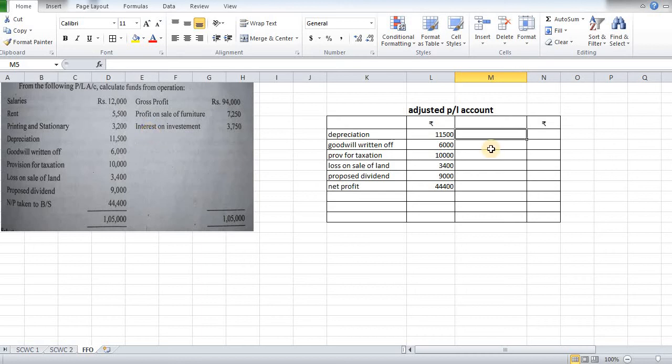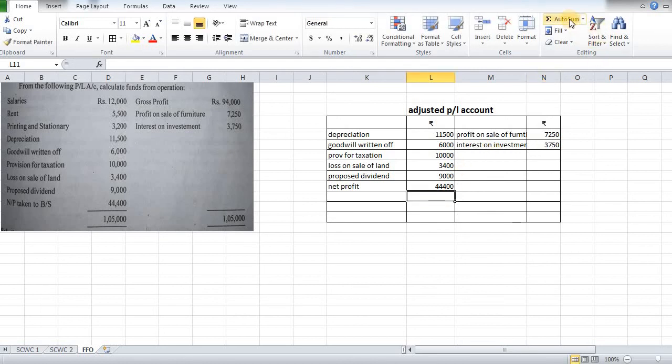First we will write the profit on sale of furniture. The value is 7,250 plus interest on investment, that is 3,750.